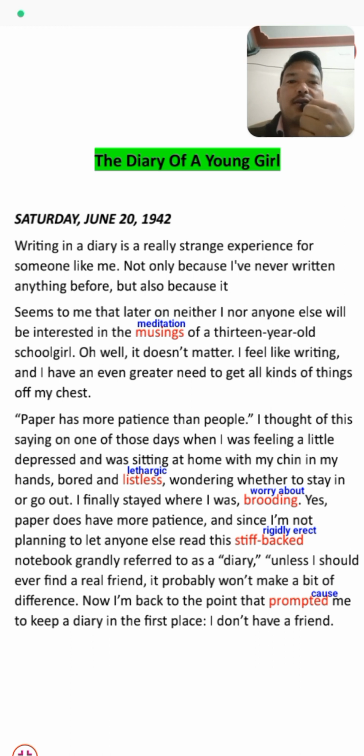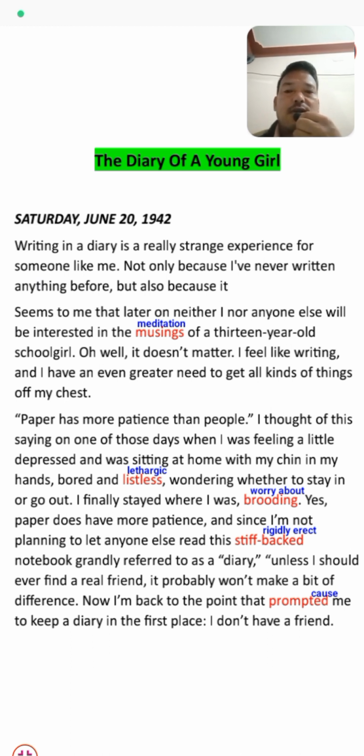Okay, writing is also a strange thing for her, she says, because she never had written diary so far. That's why it's a strange thing for her, unlike other people. Seems to that later on neither I nor anyone else will be interested in the musings. It's a meditation, okay, of a 13-year-old schoolgirl.